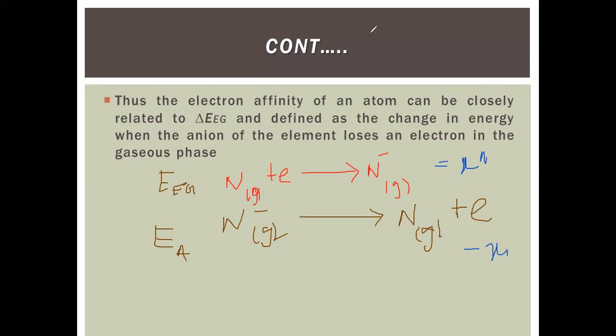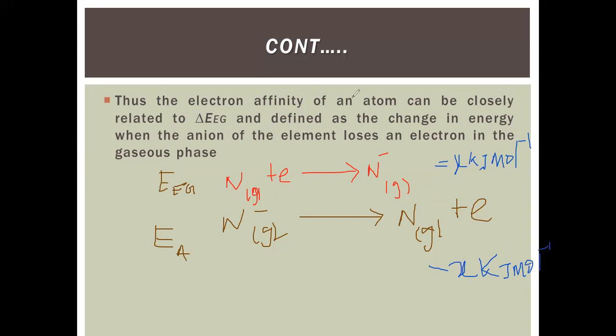So if this is x kilojoule per mole, then the other is minus x kilojoule per mole.